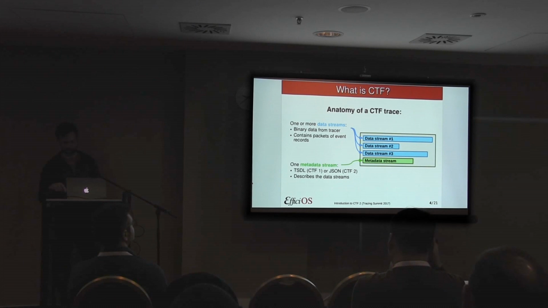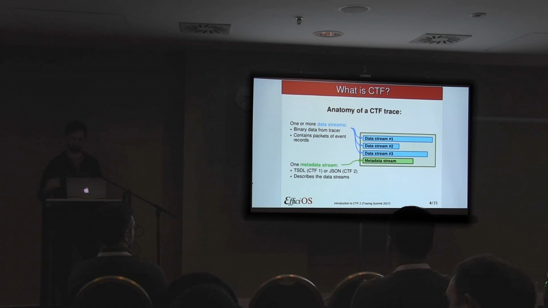So what's inside a CTF trace? It's made of one or more data streams, which are pure binary streams outputted by the tracer or by the producer. Those data streams contain packets, so they are sequences of packets. And within each packet, you have multiple event records, the actual events that are recorded by the tracer.